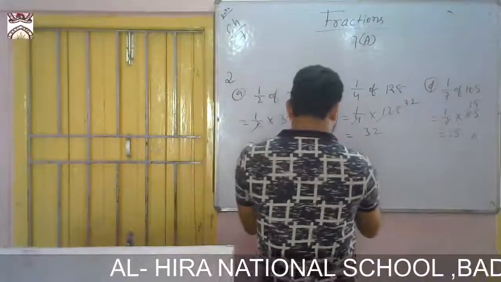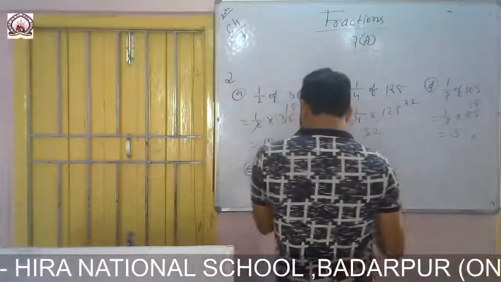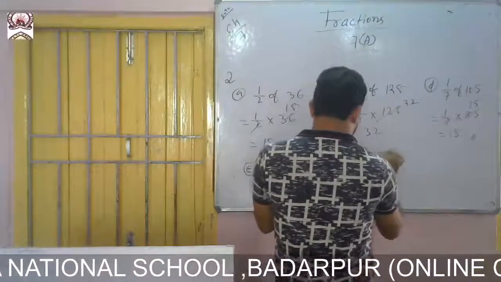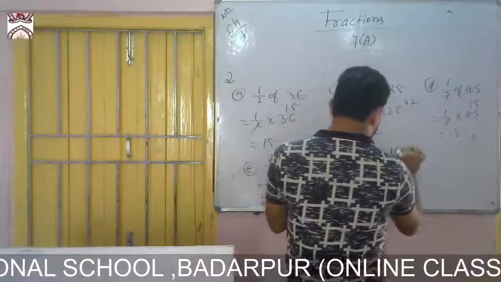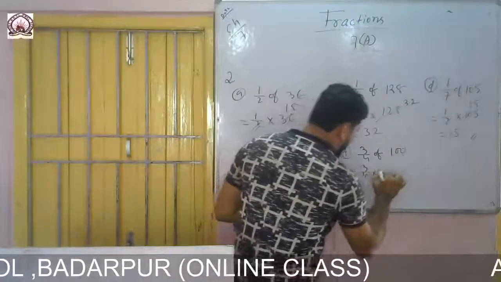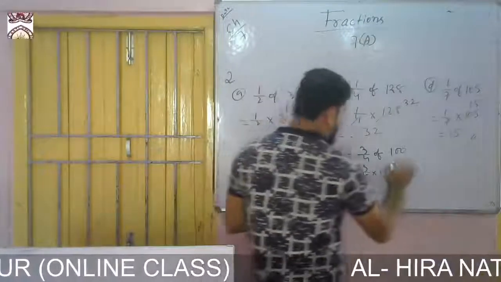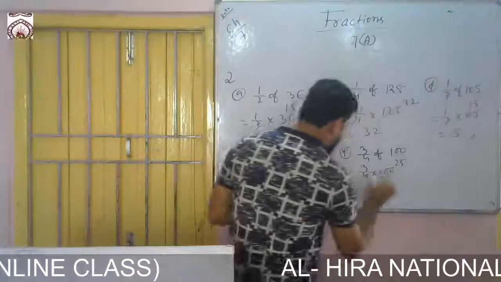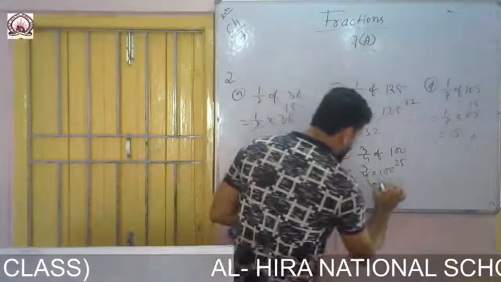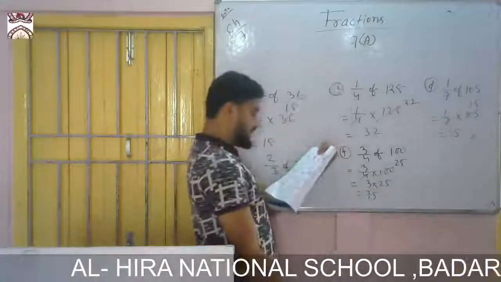Now come to F. F is 3 by 4 of 100. So it will be 3 by 4 into 100. So 4 25s are 100. So 25 3s are 75.